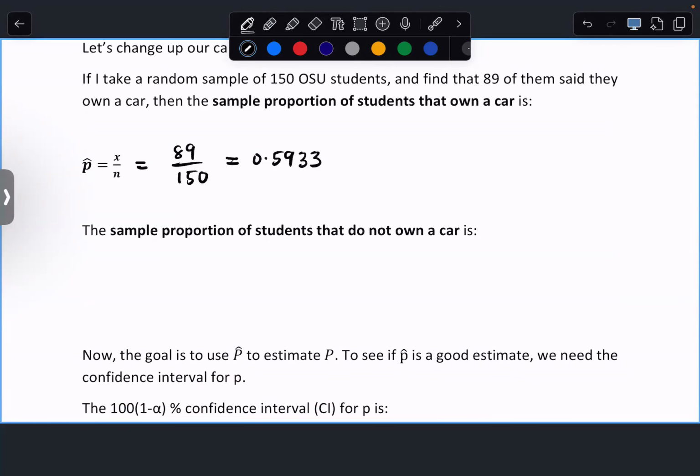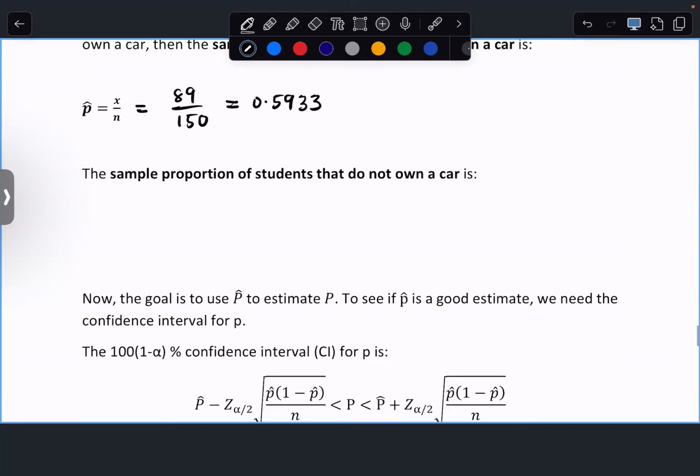So to get the proportion of students that do not own a car, you simply take 1 minus this. So that leads us to 1 minus p hat, which is 1 minus 0.5933, and that will be 0.4067. Great.